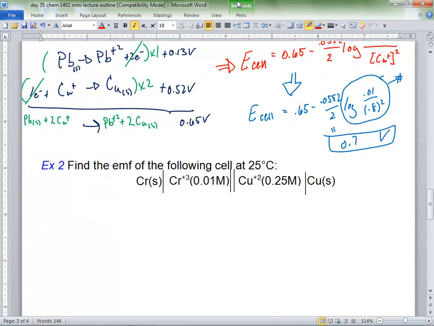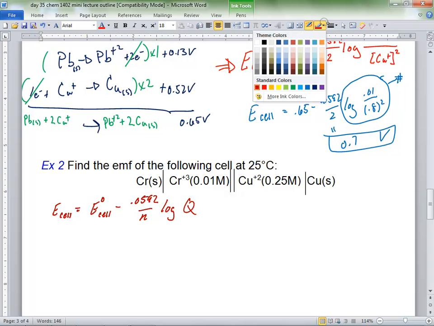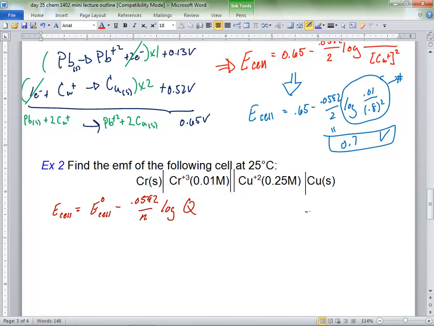Same equation. So I would set up those two half reactions, so that way you can get your Q expression.